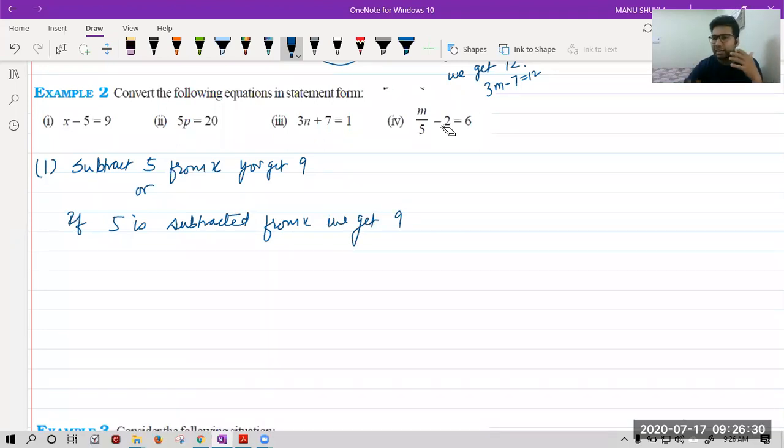You can write any term. Tushita is writing, if you subtract 5 from x, you get 9. Correct. There can be many possible ways for these questions, because the language should be correct only. Sarah is saying, subtract 5 from x equal to 9. Correct beta. Kritika is writing, 5 subtracted from a number gives 9. Correct beta. If you subtract 5 from x, you get 9. So you can write this equation in any way.